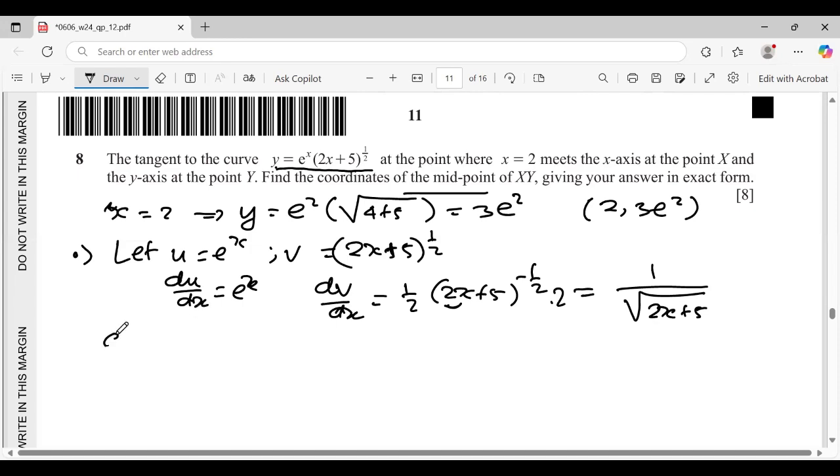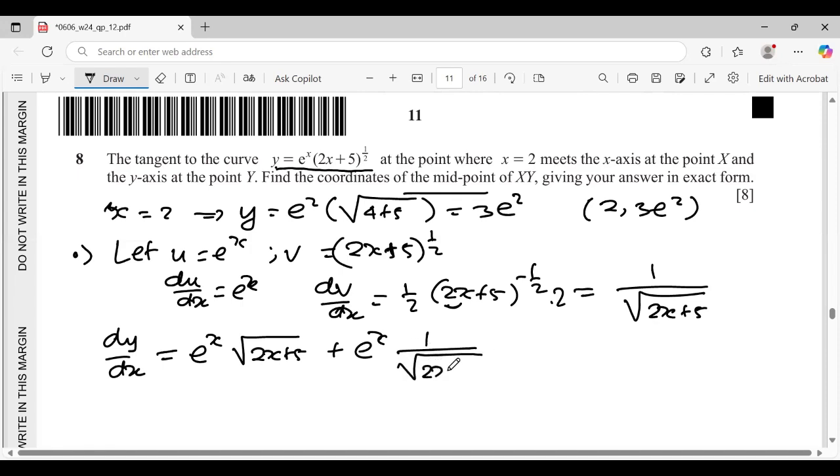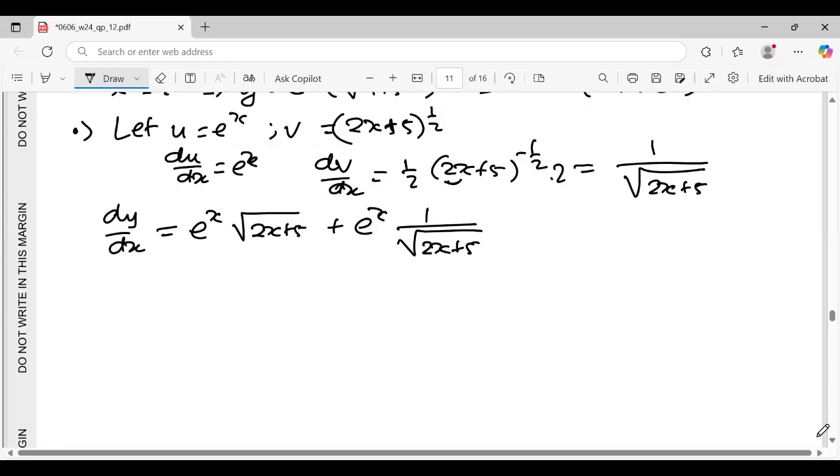So it means dy/dx equals e to the power x times the root of (2x plus 5) plus e to the power x times 1 over the root of (2x plus 5). And after that, factorize e to the power x: the root of (2x plus 5) plus 1 over the root of (2x plus 5).